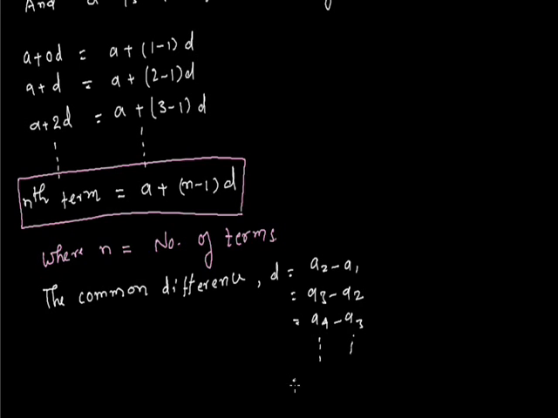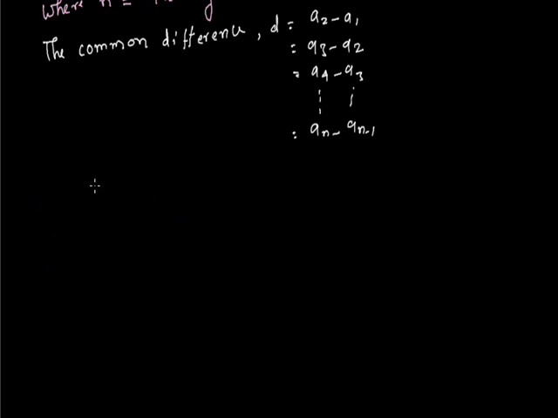So we can generalize it as the nth term minus the (n minus 1)th term. So the common difference d equals an minus a(n minus 1).